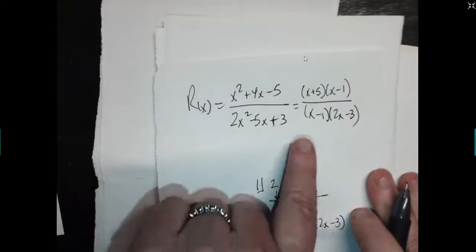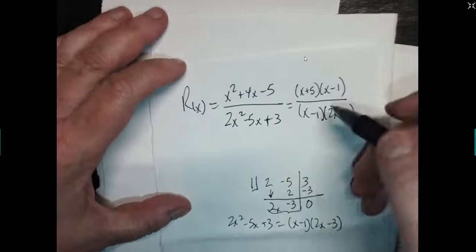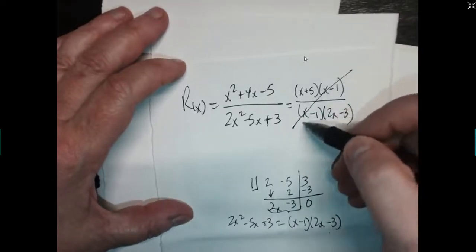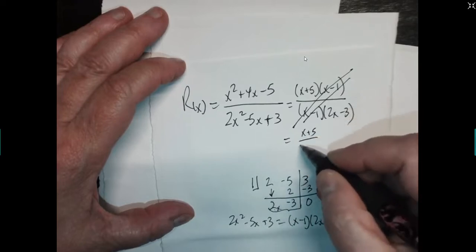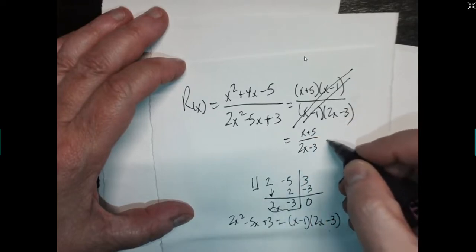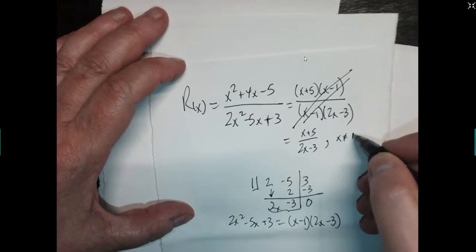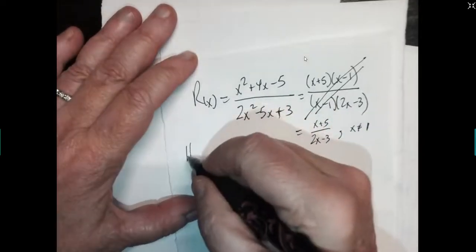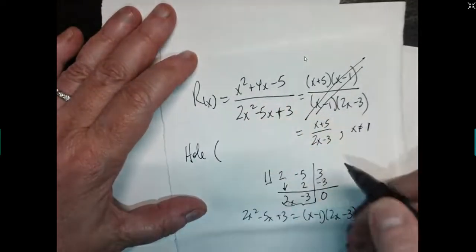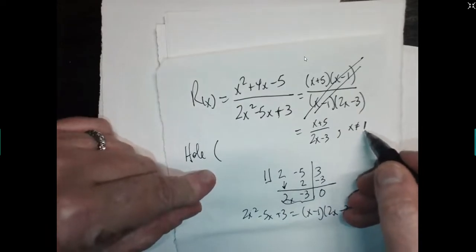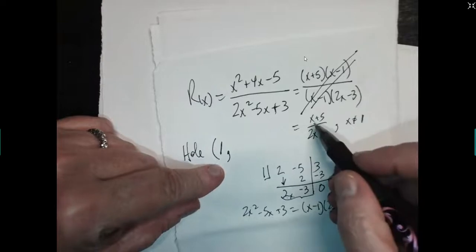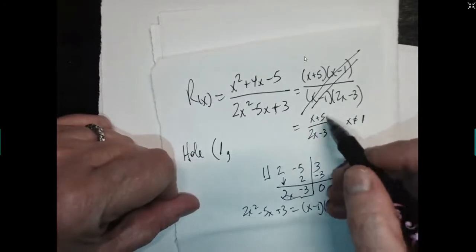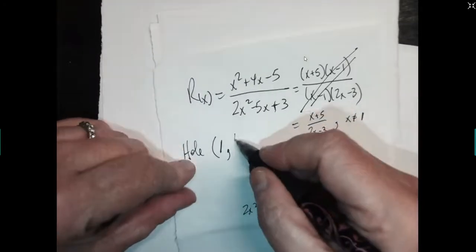All right, now we do have cancellation here. The x minus 1's cancel. So I've made this cancellation, understanding that x is not allowed to be 1. Now, where is the hole? The hole will have x coordinate 1, and then the y coordinate will be when we plug 1 in to the canceled equation.